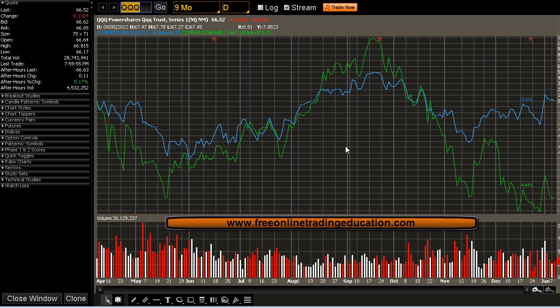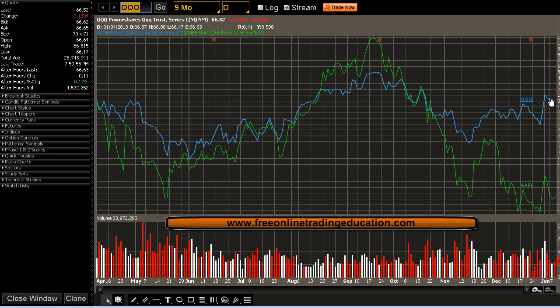As you can see, this is a profit chart, so I love to use those for comparison. And as you can see here, recently we've had that little down move on the Q's, and we've had that down move on Apple as well. Then a beautiful double bottom, a rise on Apple, and a rise big time on the Q's as well.